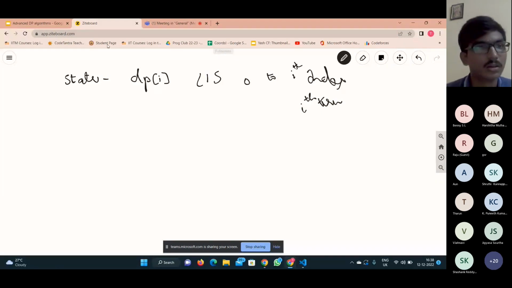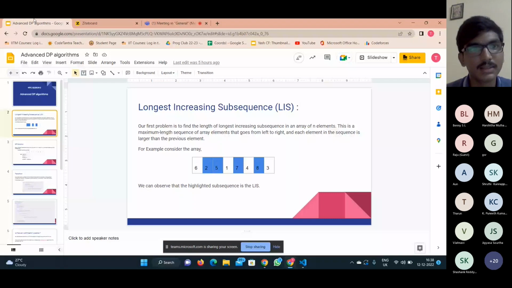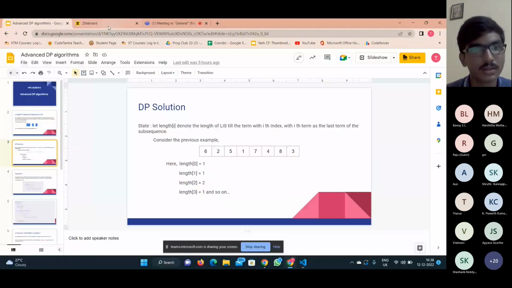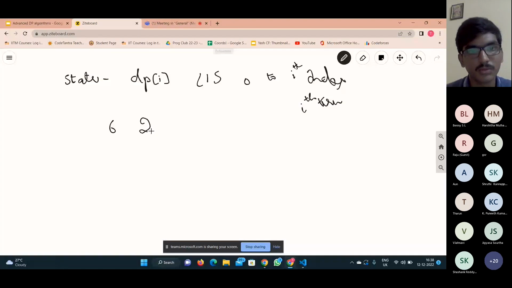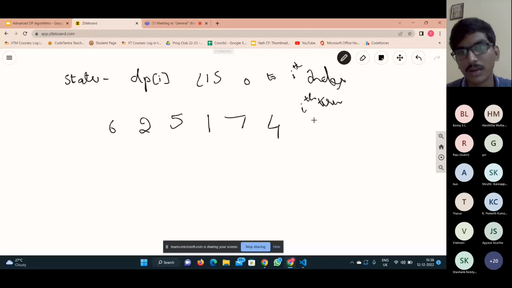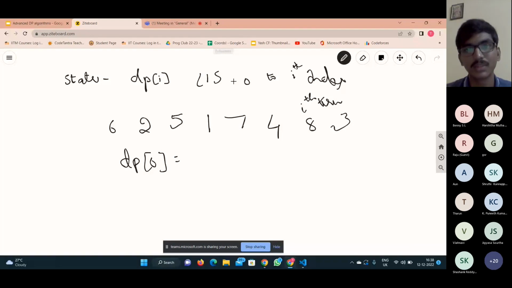We'll look at this with an example. Consider the array 6, 2, 5, 1, 7, 4, 8, 3. Here DP of 0 is the length of the longest increasing subsequence from the 0th index to the 0th index containing this term. So it is just 6, and the length is 1.